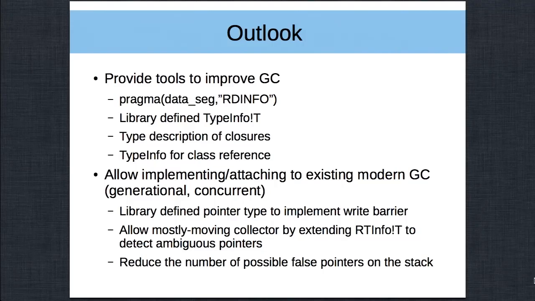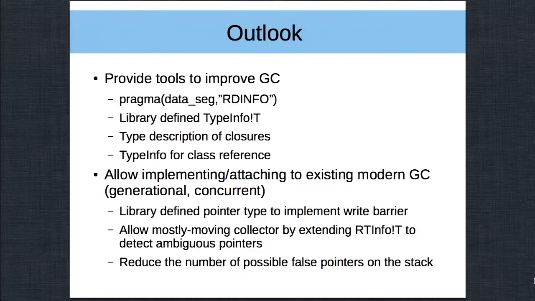And one way would be to maybe just make the type info a fully library-defined template, so that the library would define which kind of additional information would be generated into this struct or class.